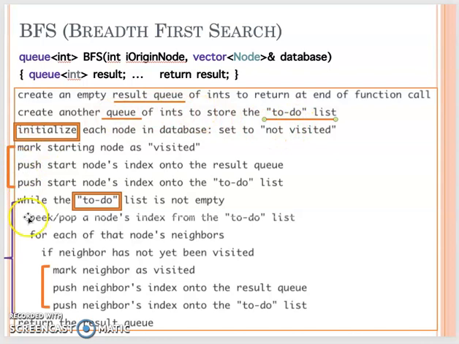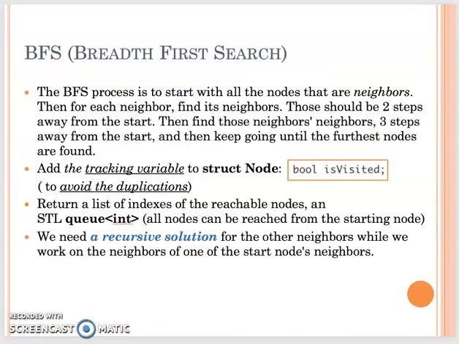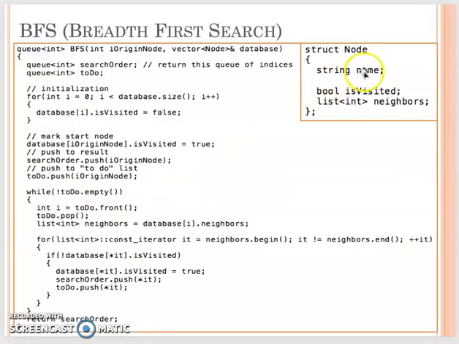Before we start, the first thing is you need to initialize every node in the database: set isVisited equal to false. That's why we call it the tracking variable. A tracking variable is a little different from our name and our neighbor. Your string name for the node, or your neighbors in the list, are never changed once we build the database.